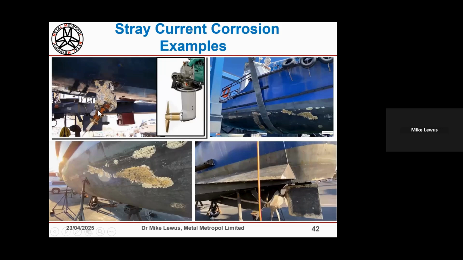And I'm just showing you this example at the top left, which is an aluminium sail drive that got to this level of corrosion in less than 6 months because it was just parked up in a poor set of circumstances.